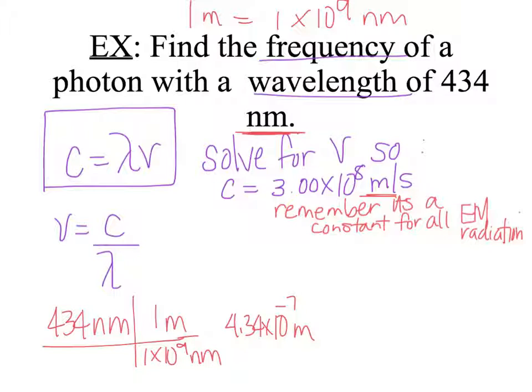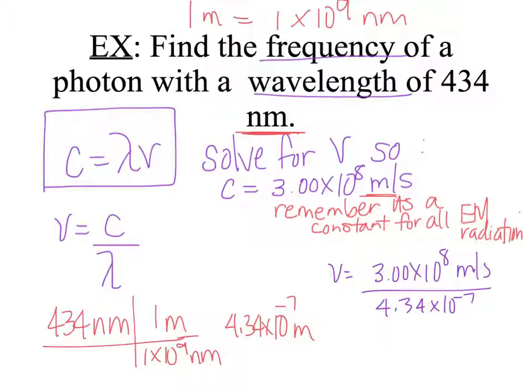So now we're ready to put that into the equation that we have rearranged. So we're simply going to say frequency is equal to 3.00 times 10 to the 8th meters per second divided by 4.34 times 10 to the negative 7 meters. And our meters are going to cancel out. And then that is going to give me a final answer.